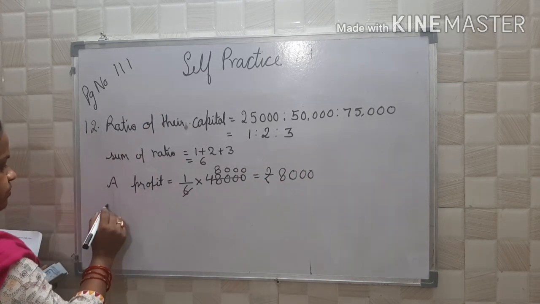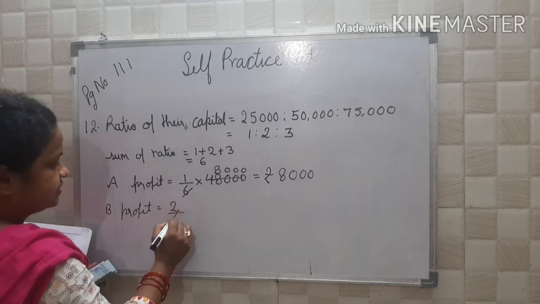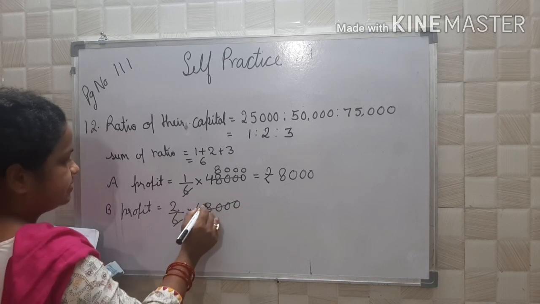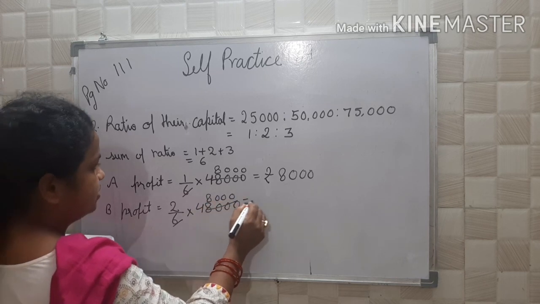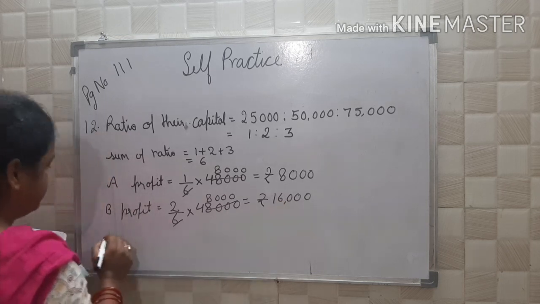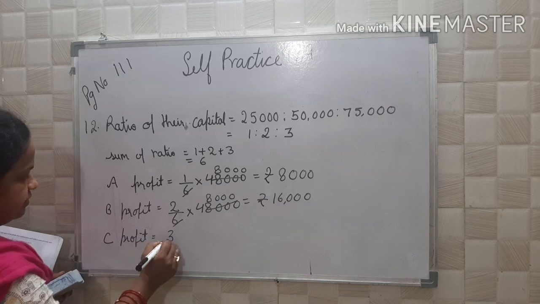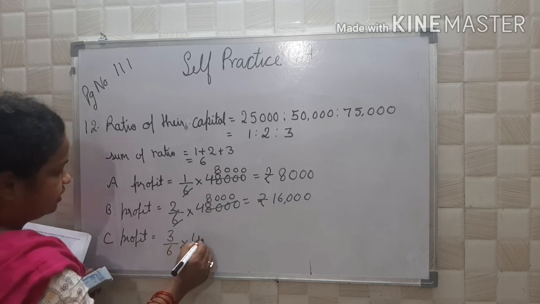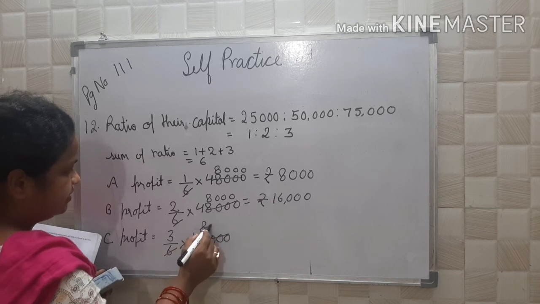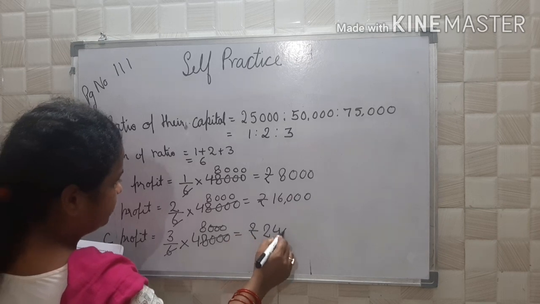Now B's profit: 2 upon 6 into 48,000. 6 eights are 48, 8,000, means 8 twos are 16,000. Now C's profit: 3 upon 6 into 48,000. 6 eights are 48, 8,000, 8 threes are rupees 24,000.